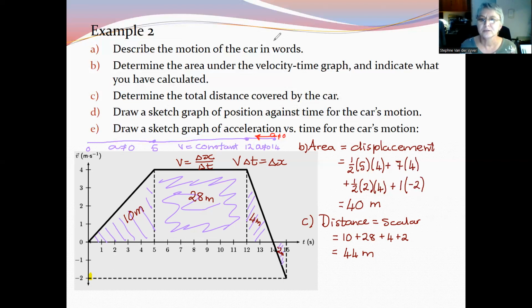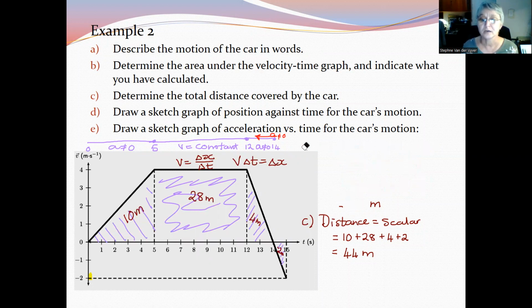Right, let's clear it. So the total distance was 44 meters and the total displacement was 40 meters. Right, question D says draw a sketch graph of position against time for the car's motion.